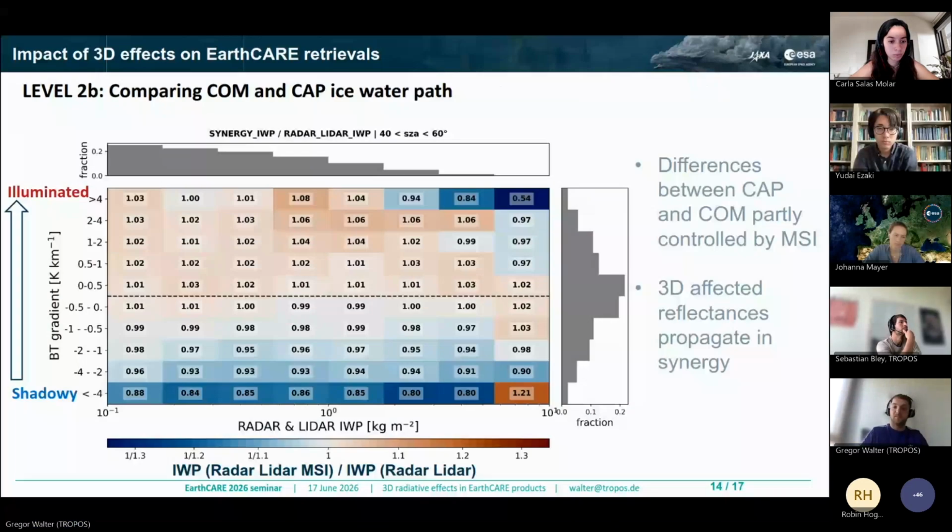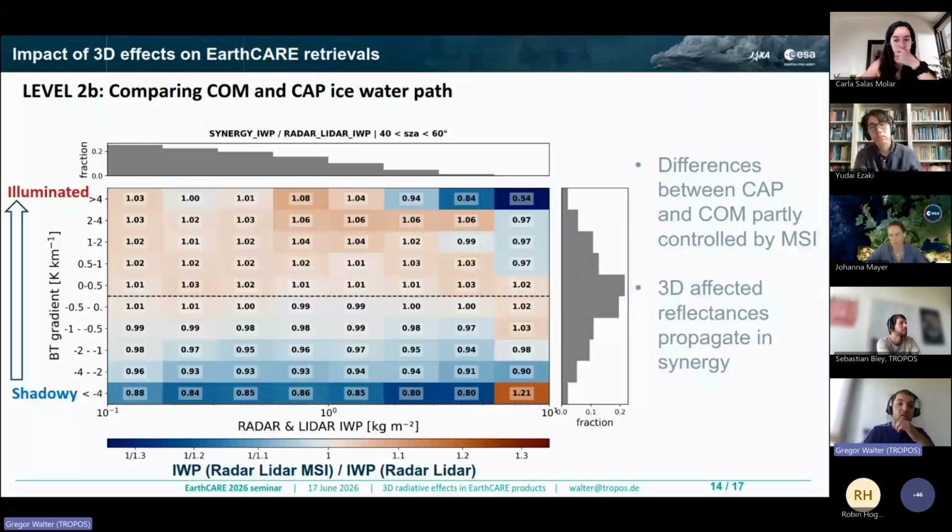Now, the visible reflectances not only contribute to the imager retrievals, but also to the synergy retrievals. So I wanted to investigate what is the impact on the synergy product from Captivate.